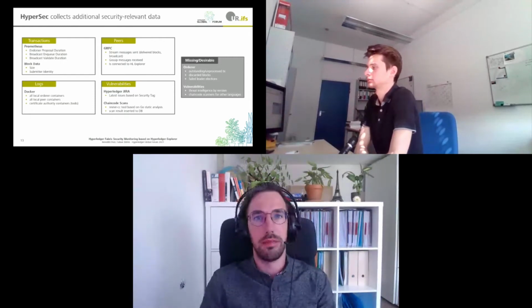Besides these metrics and data directly related to Hyperledger Fabric, HyperSec is also able to collect logs from the local Docker containers where the Fabric network is running. We also have access to the Hyperledger Jira issues by security tags, security-relevant Hyperledger Jira issues, and also have a static scanner for chaincode.